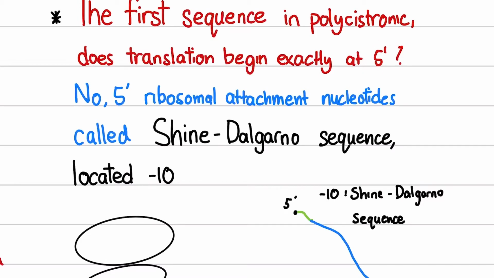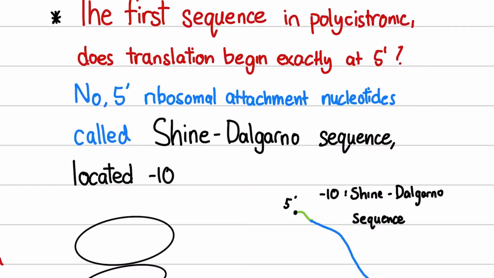This just means, is the first nucleotide on the polycistronic mRNA where translation really starts? And the answer is no. There are a couple of sequences on the mRNA which tell the ribosomal proteins that this is where we want to start translation.